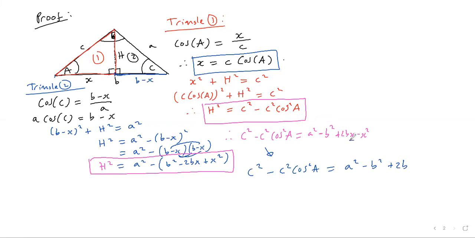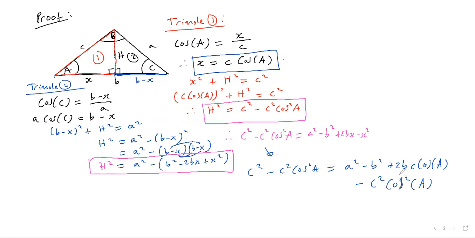So I'm going to swap that with that x there. So we get c cos a, and then we've got minus x squared at the end, so minus this value squared. c cos a times c cos a gives you c squared cos squared a. So minus c squared cos squared a.